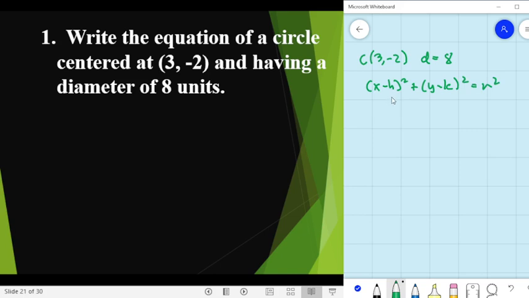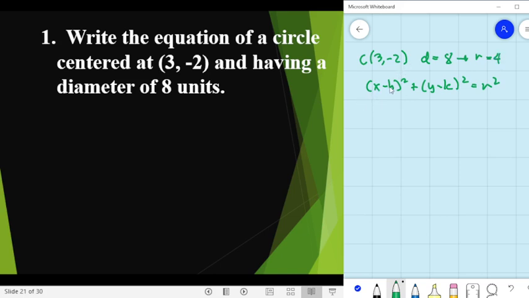So that means, para naka equation, dapat naa kay center ug radius. But since the given is the diameter, so from here, we are going to find the length of the radius. So the relationship between diameter and radius is, the radius is 1/2 of the diameter. So that's why we can say that the r here is 1/2 of 8, and that would be 4.